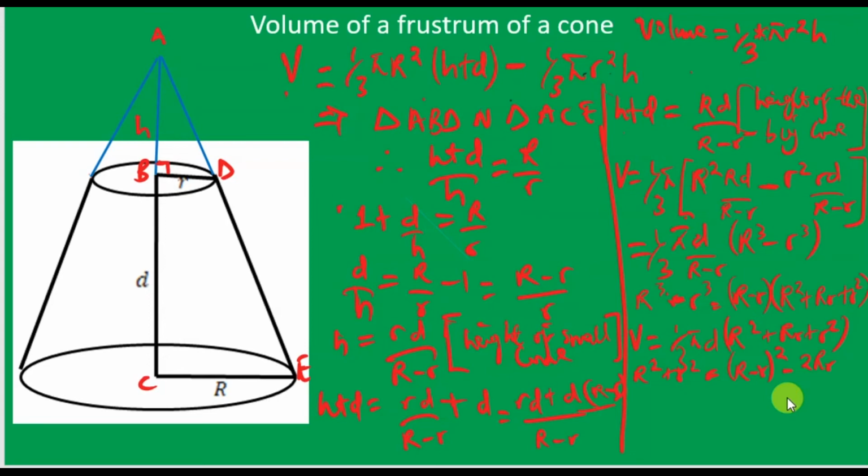So that's R squared plus this, okay, this will be plus. So substituting this with this, we have that the volume is now 1 over 3 pi d, (R minus r) all squared plus 3Rr.